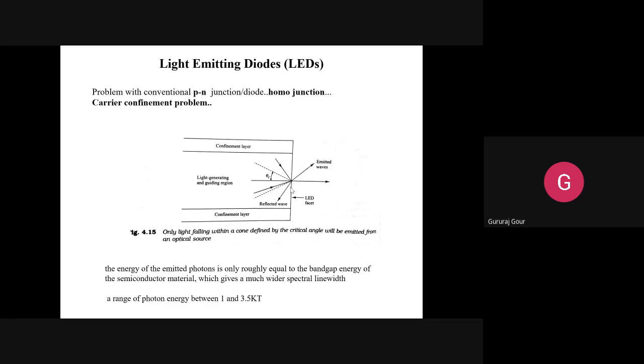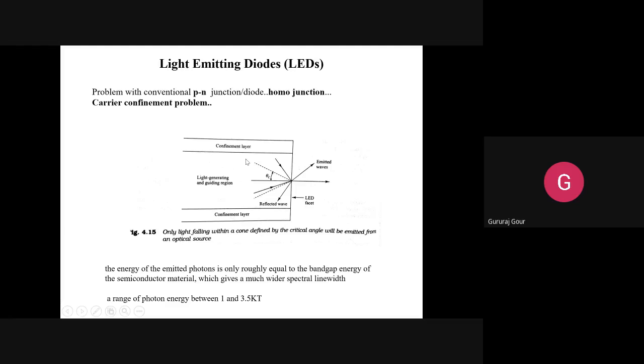Carrier confinement problem: they are not contributing to the emitted light waves, but on the other hand we want coherency. That's why we are not allowing it to contribute, thereby reducing the quantum efficiency or the light efficiency, photon efficiency.